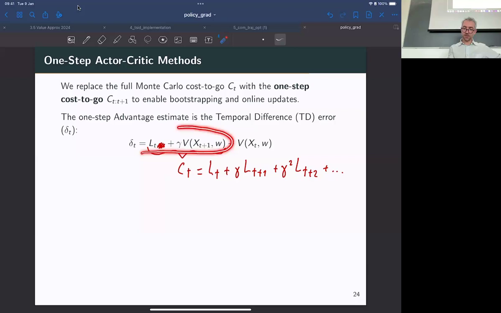What about this estimate here? Of course, you have variance here because the current action is stochastic, and you have variance in the next state because that depends on the stochasticity of the environment at time step t, but that's it. You have only these two sources of stochasticity, the policy at time t and the environment dynamics at time t.